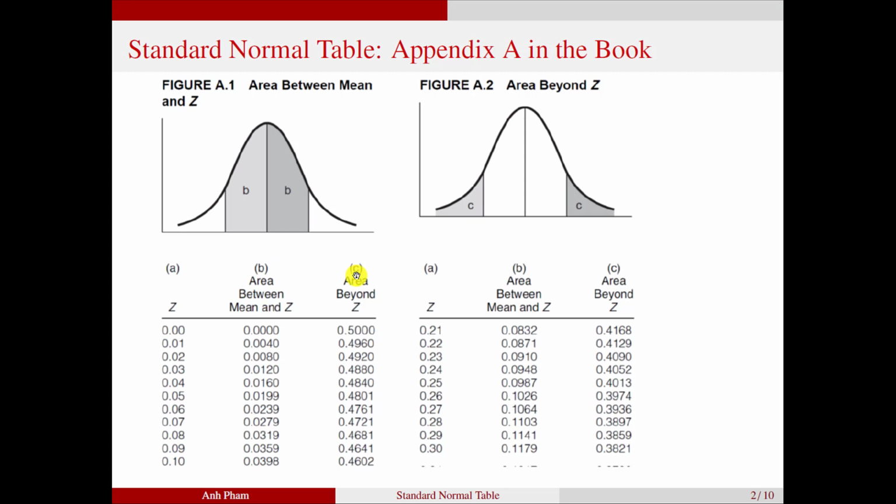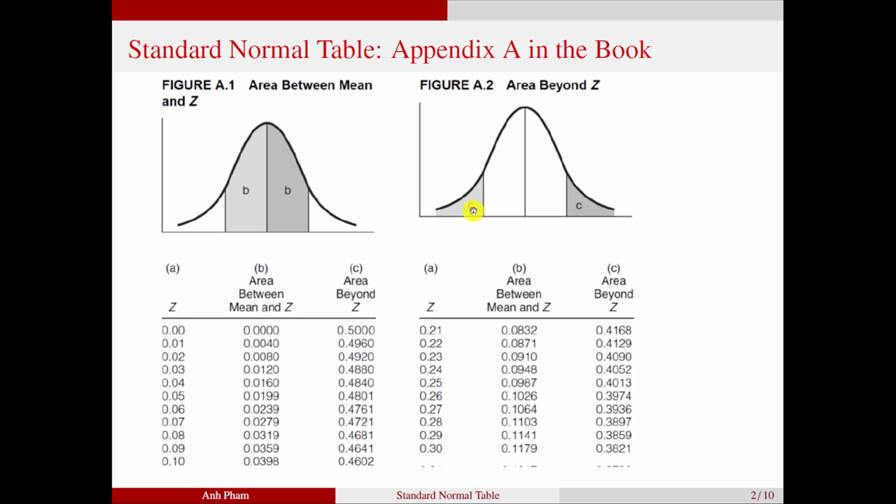Then the table reports the area beyond Z in the third column. The area beyond Z is the area to the left of the negative Z-score and to the right of the positive Z-score.